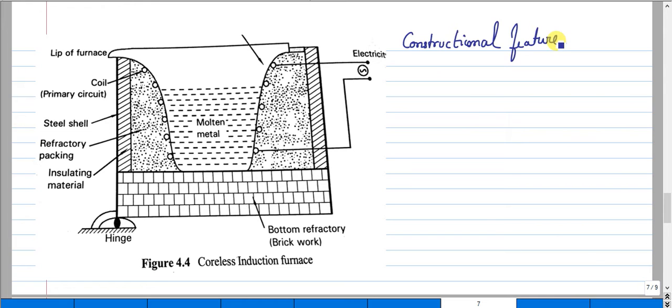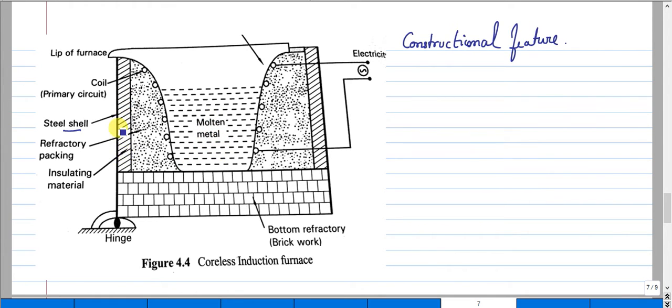Again, you can notice here we have an outer cylinder steel shell, which is hinged at the bottom.